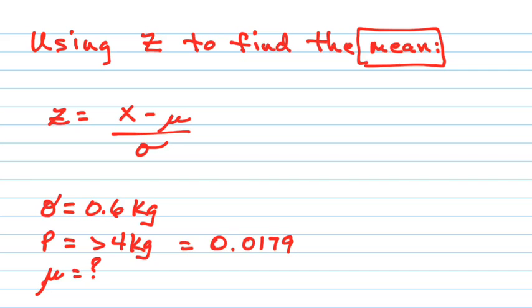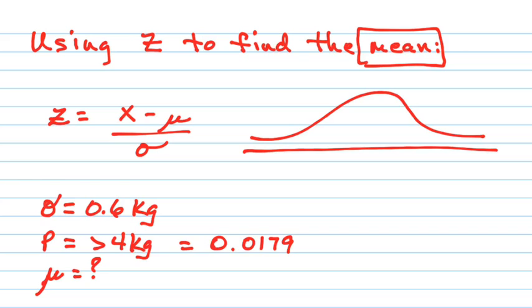So what we need to do first is we need to find the z value. First, we'll draw our picture, find out where our information is. Don't ever do normal distribution without a picture. So here's our mean, right? And 4 kilograms, that's a very tiny percentage, isn't it? 0.0179.